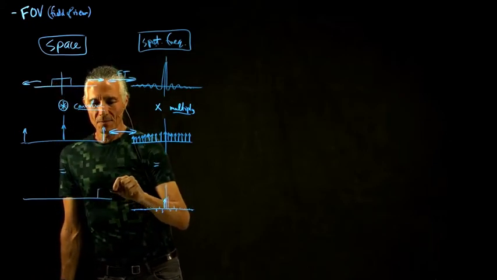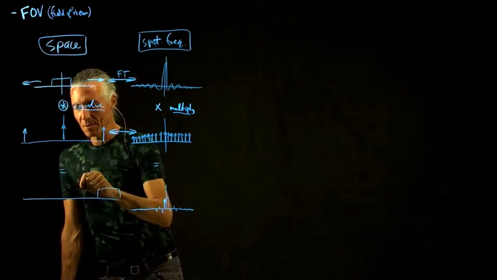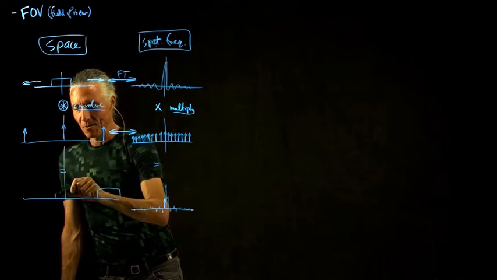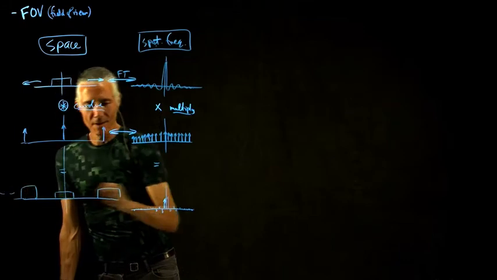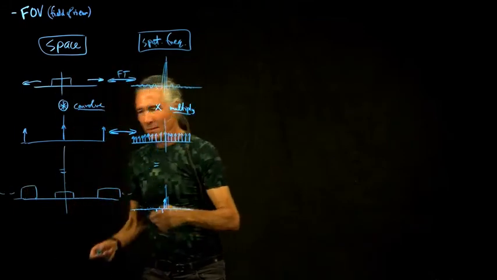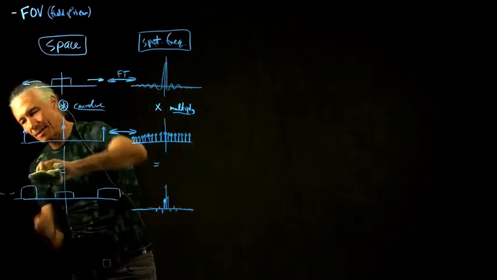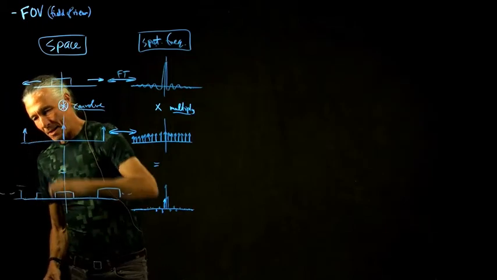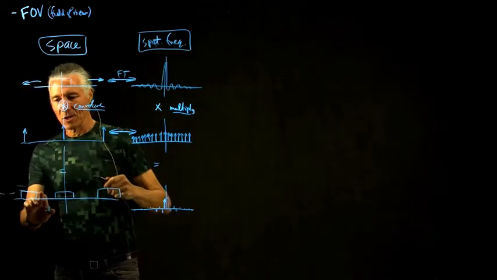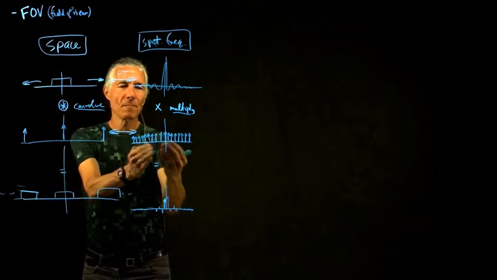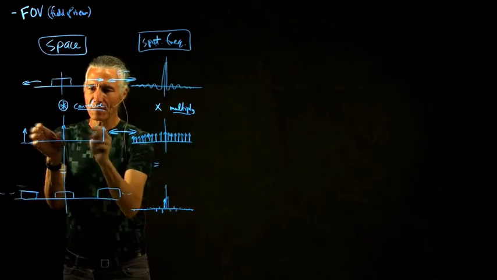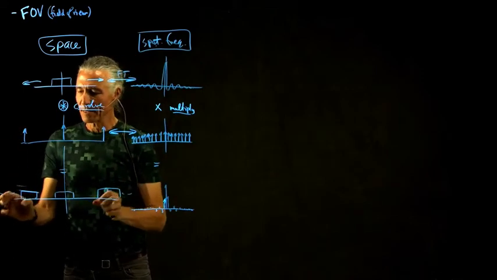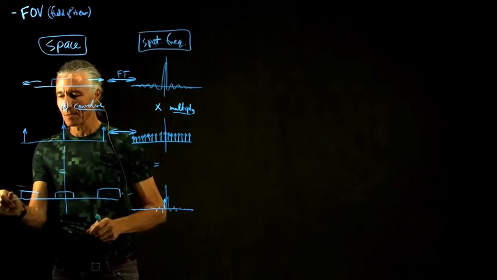So it blurs the spike into a brain. And so what you end up with is brains going on forever. They're supposed to be the same height. So that's the replicas. And how do you change the replicas? Well, if you sample denser here, that's going to make these guys get further apart. So that's how you push out the replicas, denser sampling.